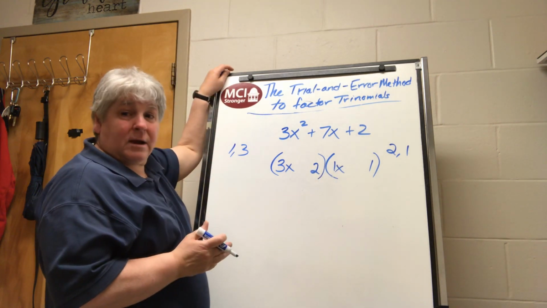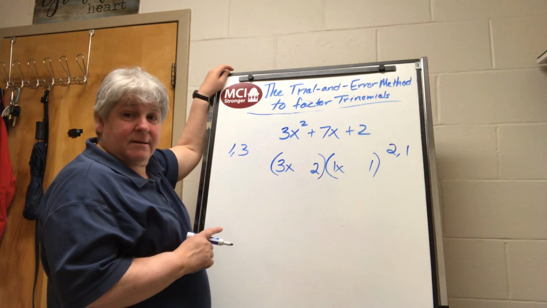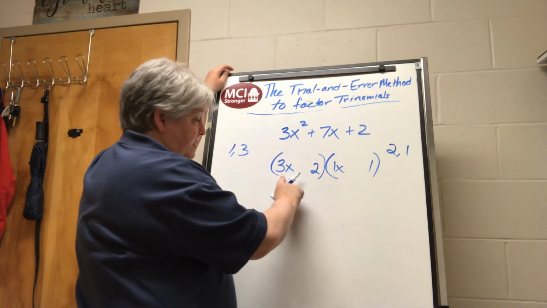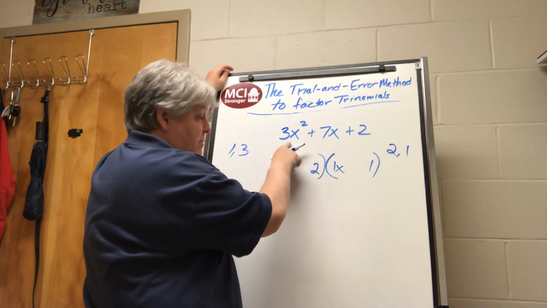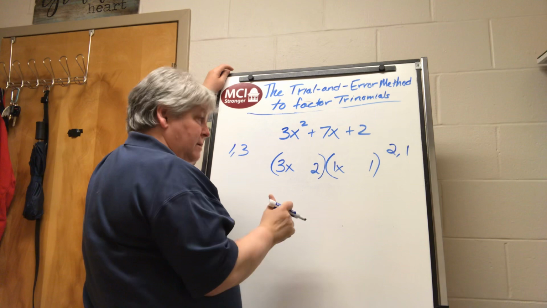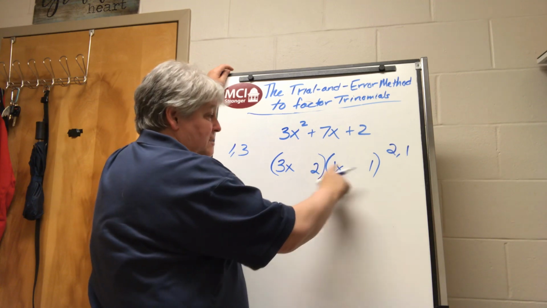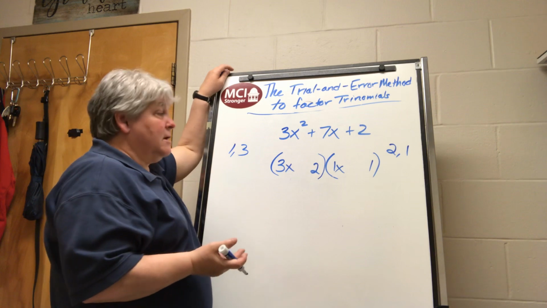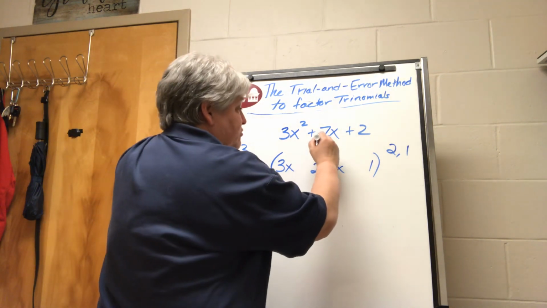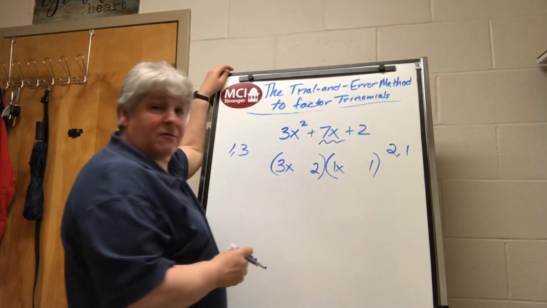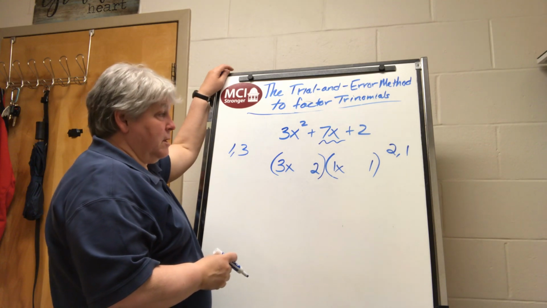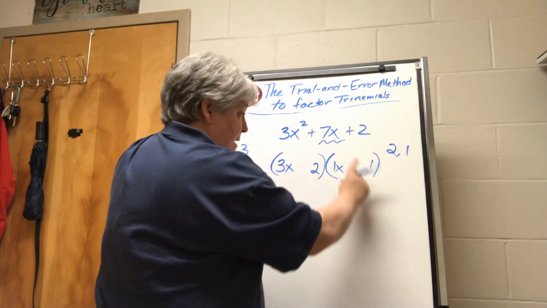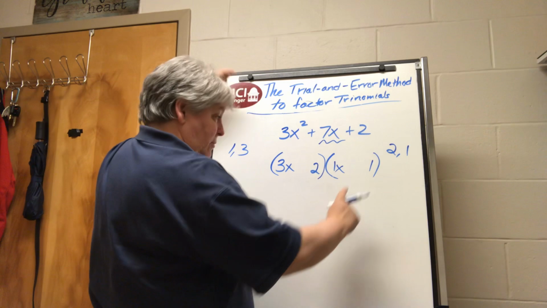That may or may not work out. I'm about ready to check. I know that this times this has to come out to this. It does. I know that this times this has to come out to this. It does. So really the term that's in question is, are these things going to work out for that middle term? Do you remember that the middle term came from adding two terms together?